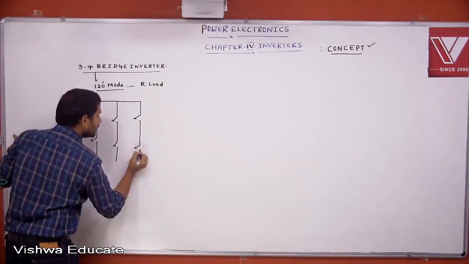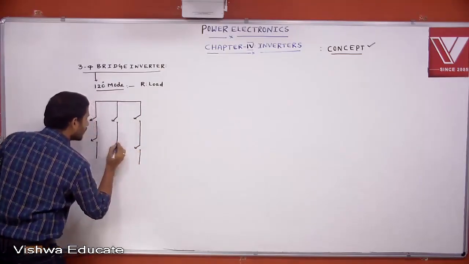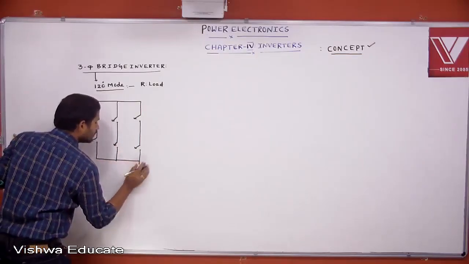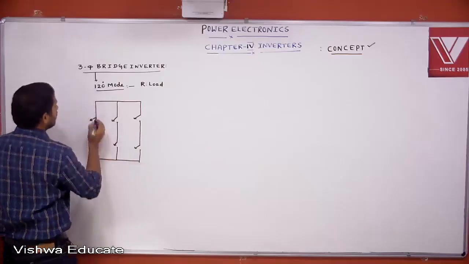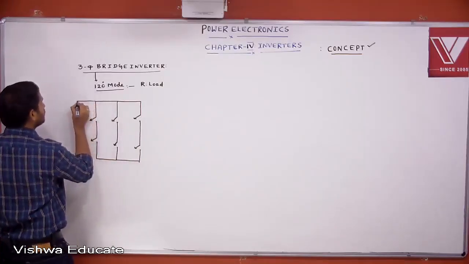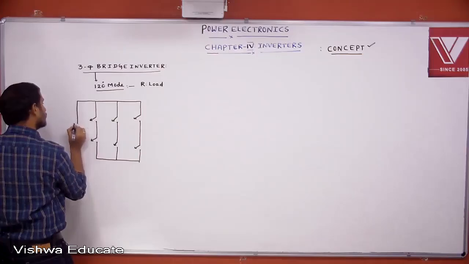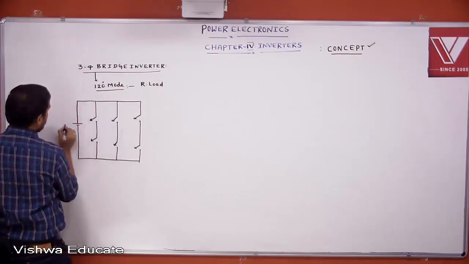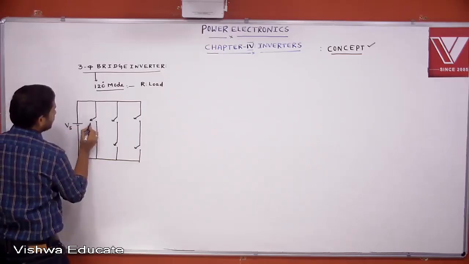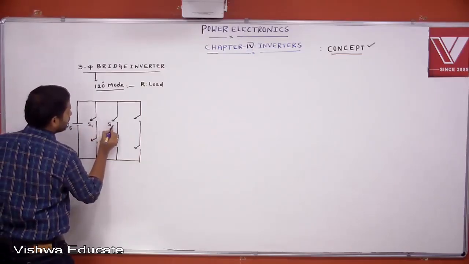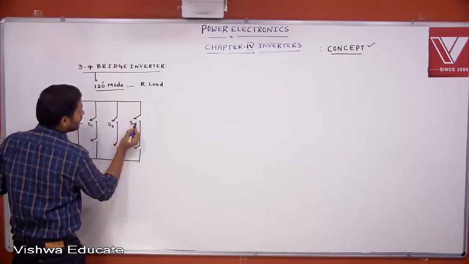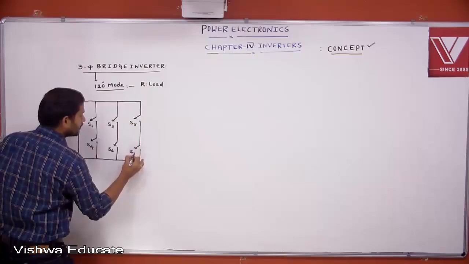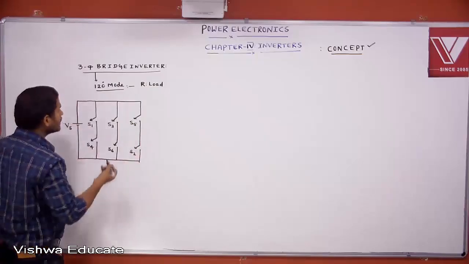This three-phase bridge inverter circuit has the Vs supply, S1, S3, S5, S4, S6, S2. The circuit you already know.